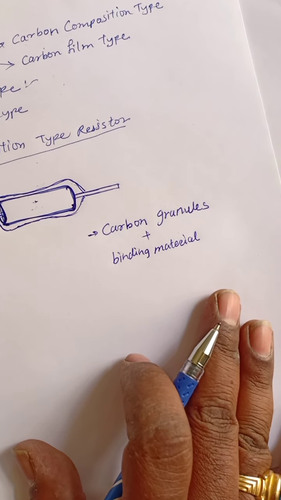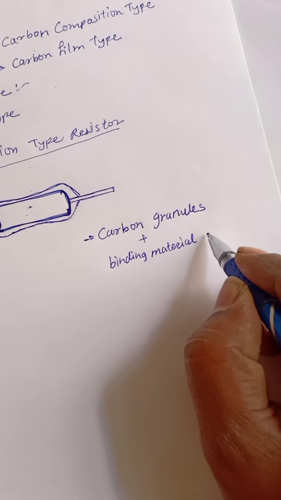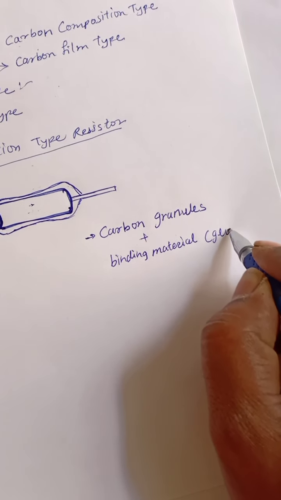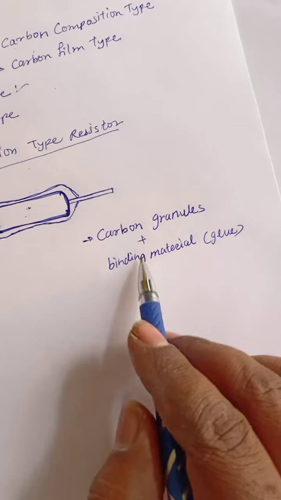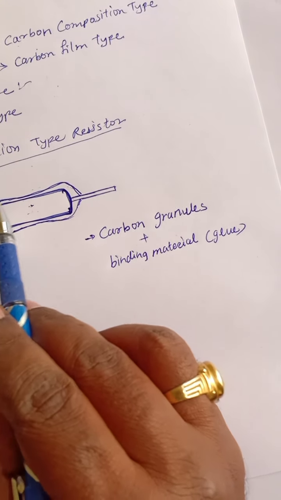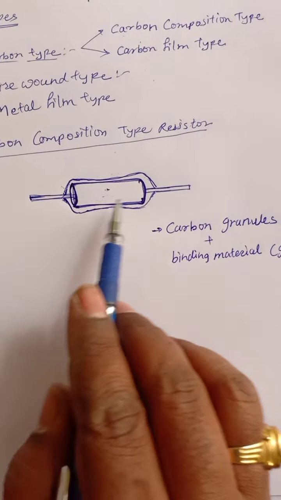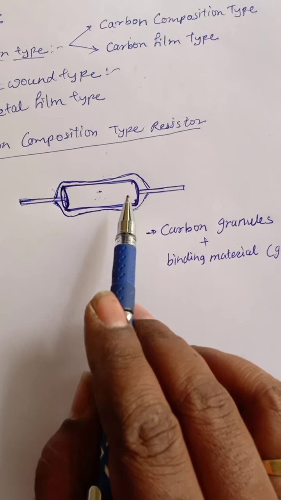Okay, glue type material. So it's just like a glue. By adding this, the carbon granules can be molded in a cylinder type shape.